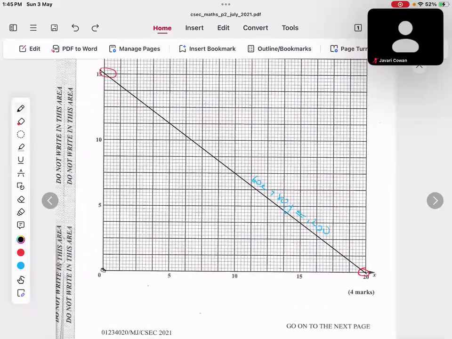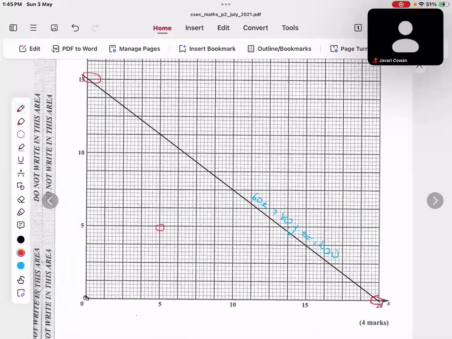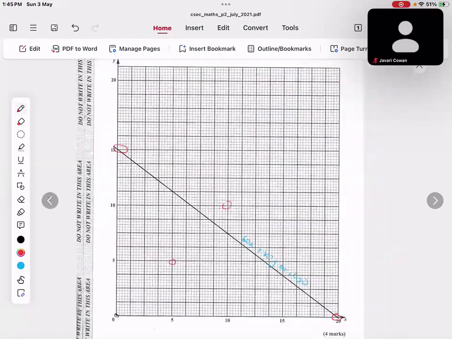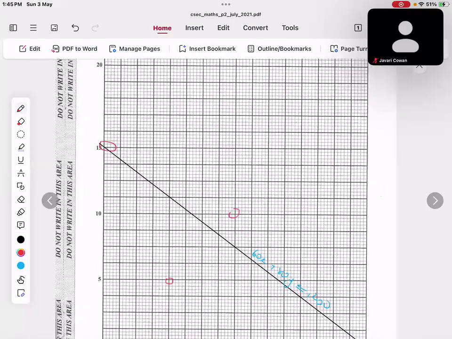It has to pass through equal numbers on both axes. So wherever 5, 5 meet, 10, 10 meet, and 15, 15 meet. It could also be 1, 1, 2, 2, 3, 3, but because of the numbers on my graph, I'm using those. So 15, 15.